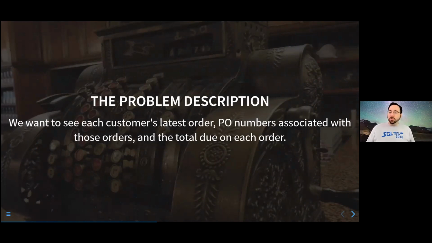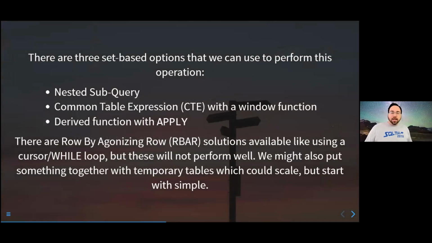Business side comes to me and says, Kevin, we need this information. I go to my thinking corner and I come back and say, well, there's a few different ways I can do this. Nested subquery, common table expression with a window function, derived function with apply. Business people look at me with kind of wide eyes, like, what is this man talking about? Do we need to call any officials, any authorities?